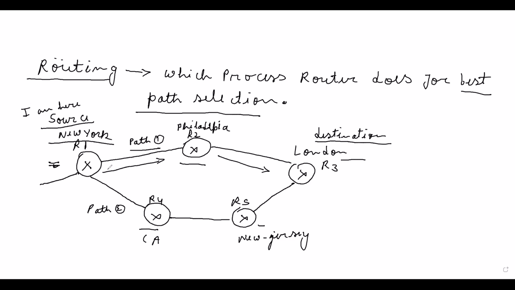If I want to send a message, this path is taking 1 second, and this path is taking 2 seconds. So obviously, I will send that message from path one. I will not use path two because it will take more time. It's just 1 second, but you don't know the value of 1 second.